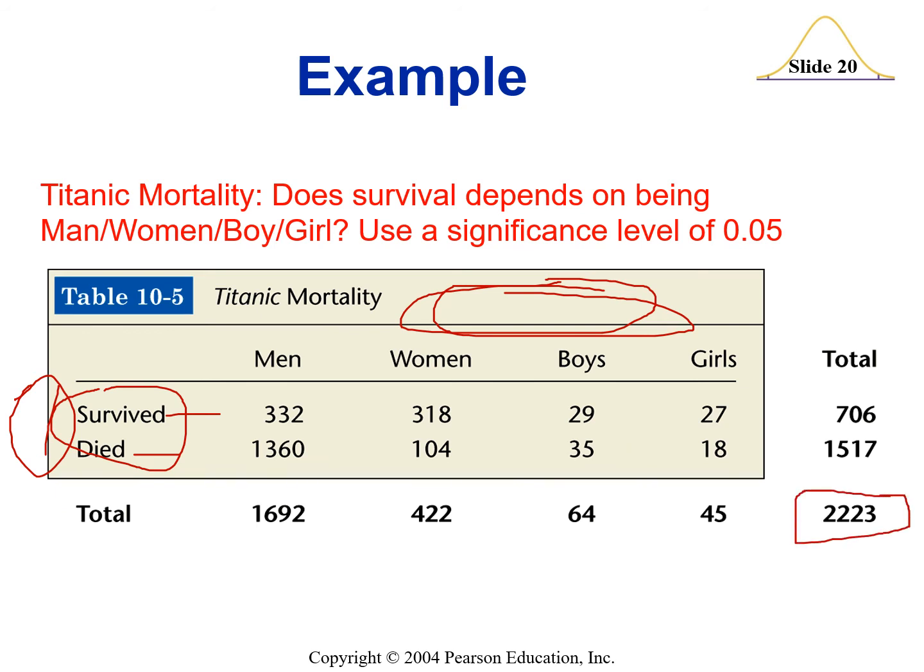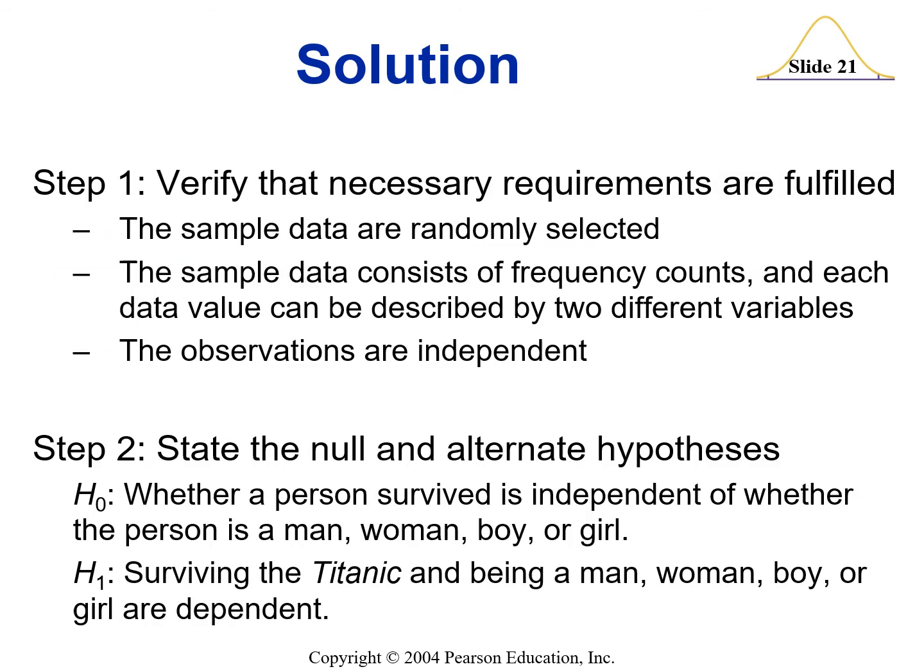So H naught, the null hypothesis: the 2 variables are independent, or survivorship and gender are independent. Before running the test, let us check the requirements. The sample is randomly selected, consists of counts of each data, and observations are independent.